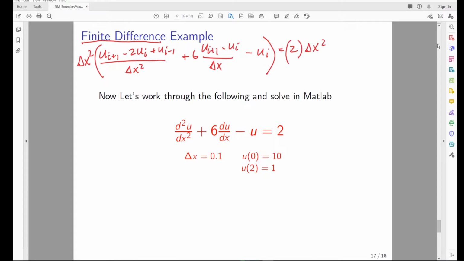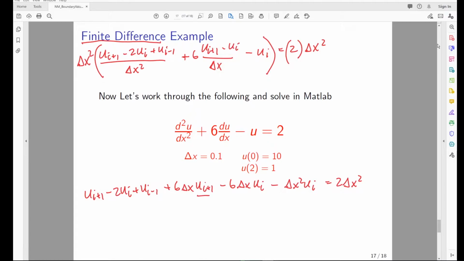So in the first term, we're going to be left with nothing but ui plus 1 minus 2 ui plus ui minus 1 plus 6 delta x ui plus 1 minus 6 delta x ui minus delta x squared ui equals 2 delta x squared. And now we just need to group some terms together.